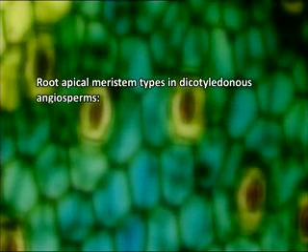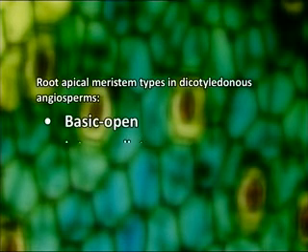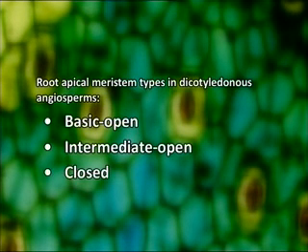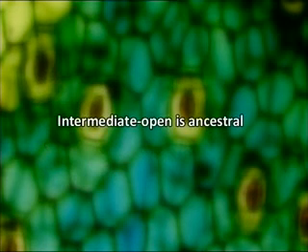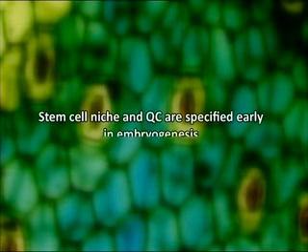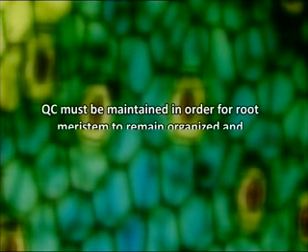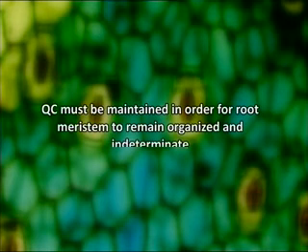Number 2. There are three general RAM types in dicotyledonous angiosperms, that is basic open, intermediate open, and closed. The intermediate open is ancestral. Number 3. Stem cell niche and QC are specified early in embryogenesis. Number 4. A QC must be maintained in order for the root meristem to remain organized and indeterminate.